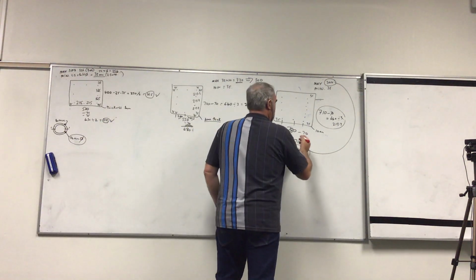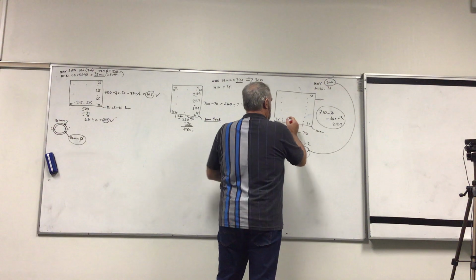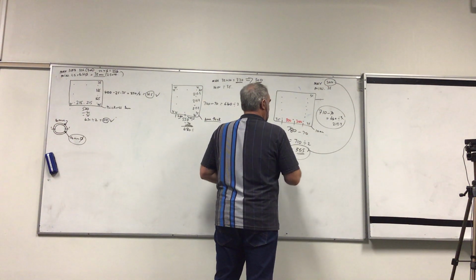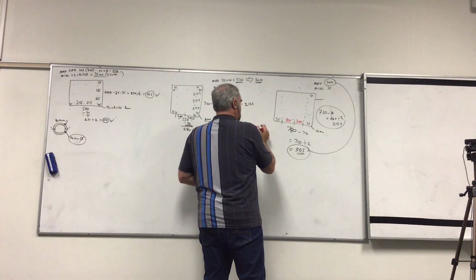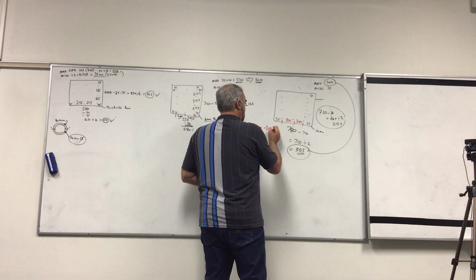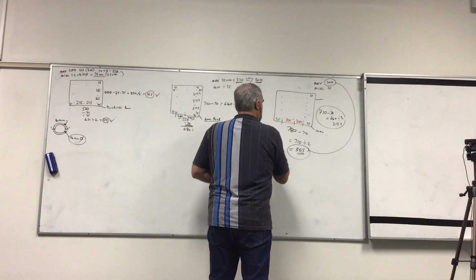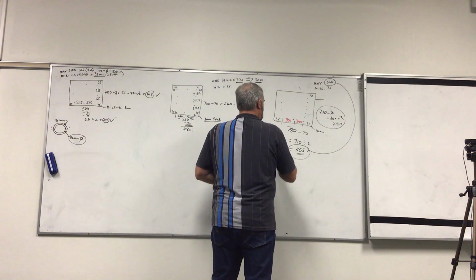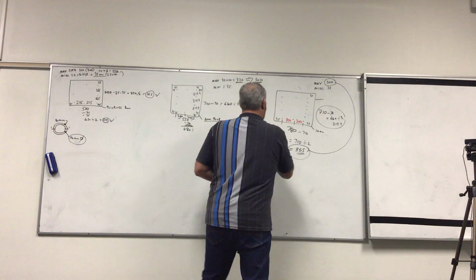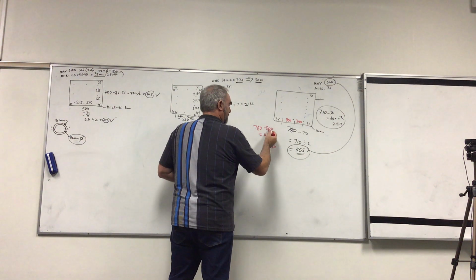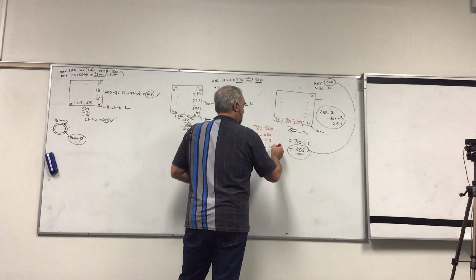We start by going 300, 300, and so therefore it is 780 minus 300 equals 480. Divide that by 2 equals 240, and I think I've done that right. 300, yes, I have. 240.